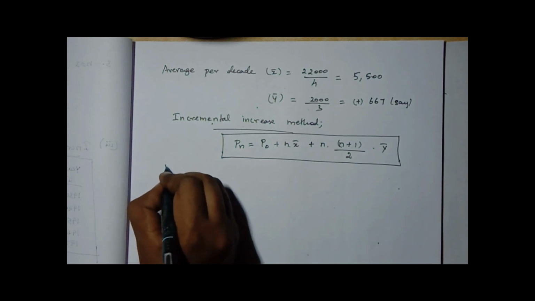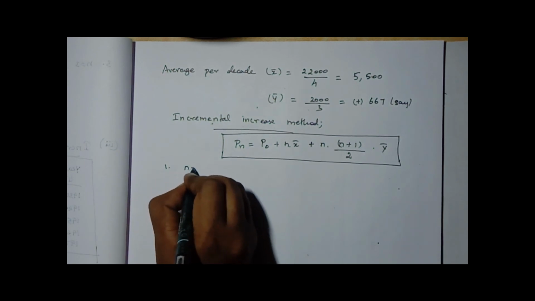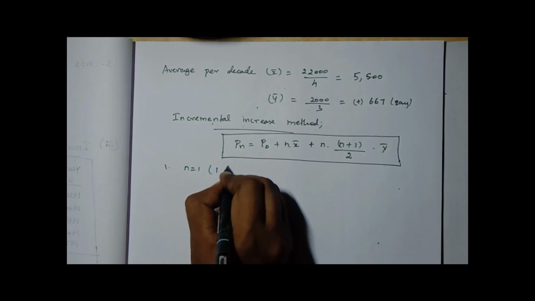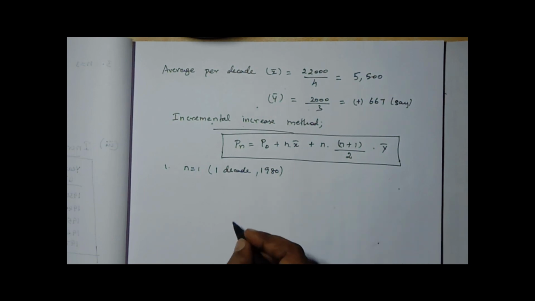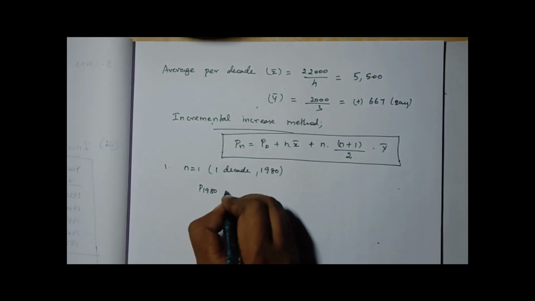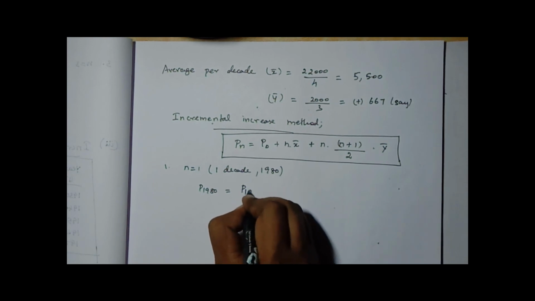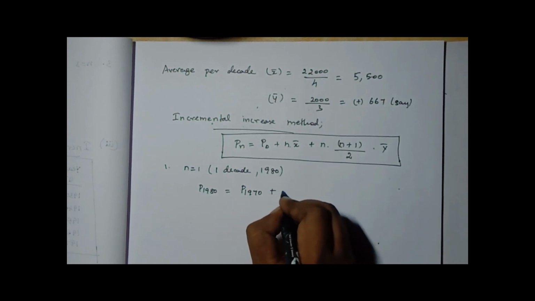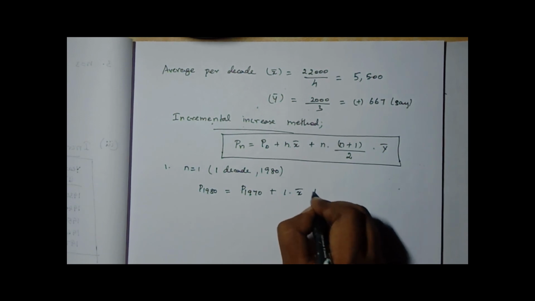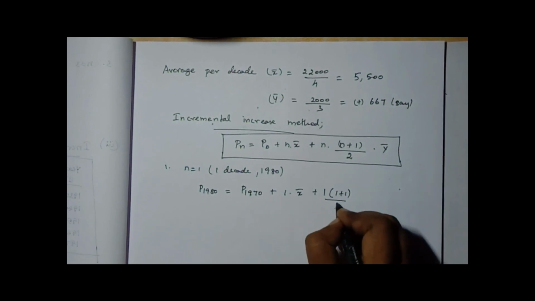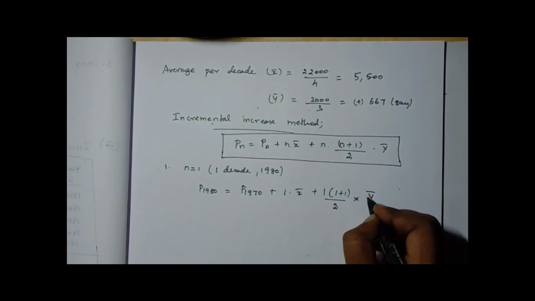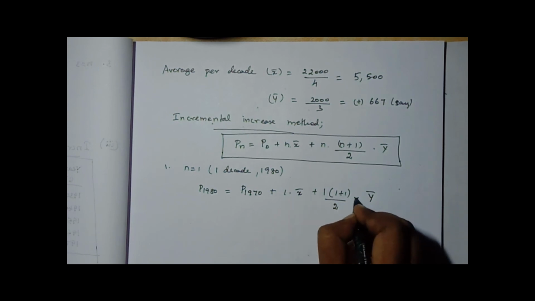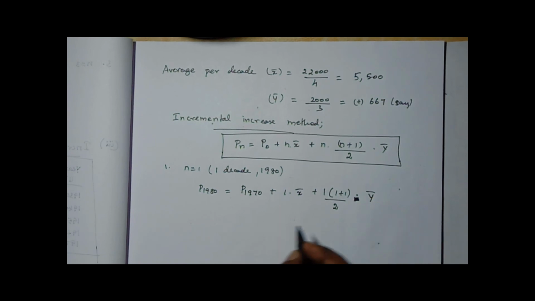So let's substitute the values. When n is equal to 1, which is 1 decade, in the year 1980, P 1980 is equal to P 1970 plus 1 into x bar plus 1 into (1 plus 1) by 2 into y bar. I'll mention a dot so that we should not confuse it with x.